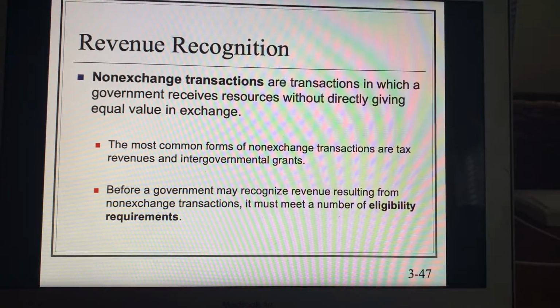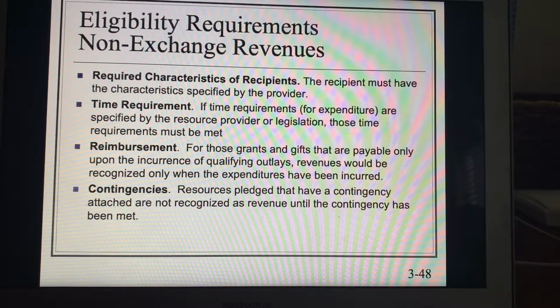Before a government may recognize revenue resulting from non-exchange transaction, it must meet a number of eligibility requirements. So here are the requirements. Required characteristics of recipients. The recipient must have a characteristic specified by the provider. Time requirement. If time requirements for expenditure are specified by the resource provider or legislation, those time requirements must be met.